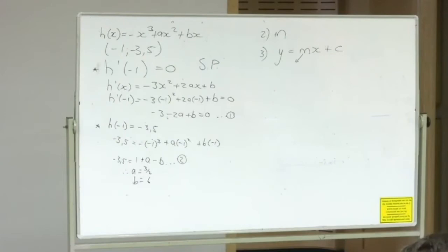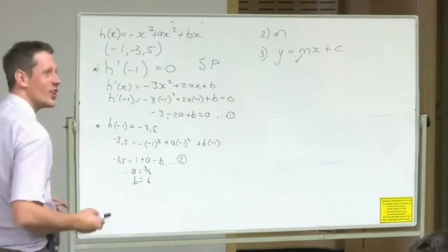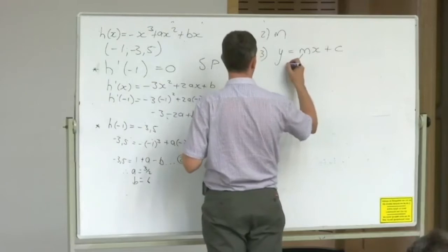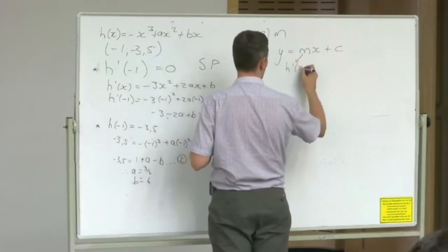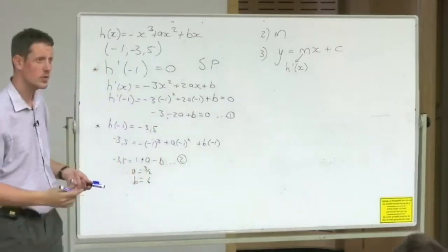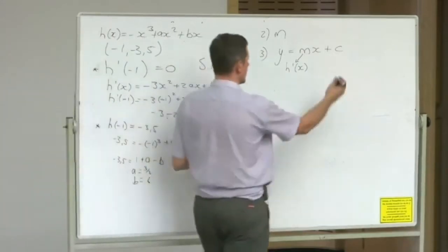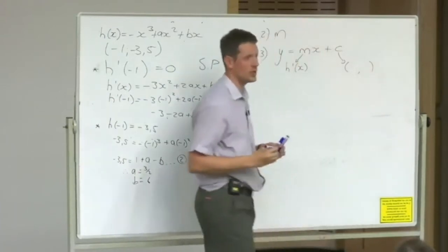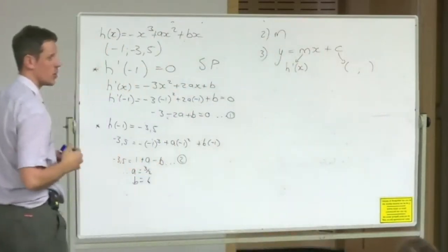Some of you might have forgotten 1 or 2 of those, and you realize you've got a bit of studying left. Okay? So I'm going to go towards derivative. So I'm going to go towards h accent of x because it is a tangent. And I need c, so I'm going to need a coordinate on that graph.